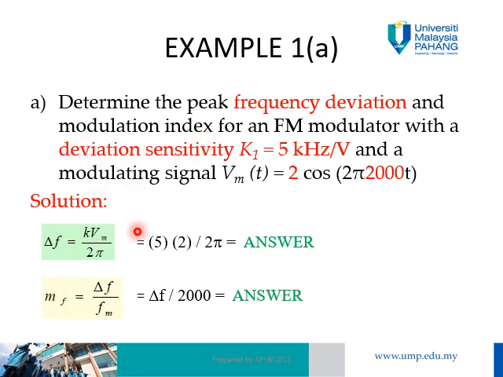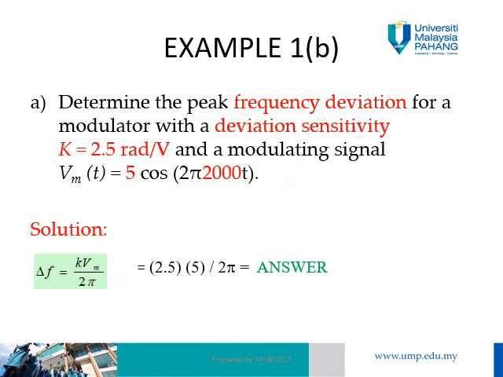The modulation index is mf equal to delta F over Fm. Delta F is given above in this question, divided by the modulating frequency, 2000. You divide by 2000 and you get the answer. Okay, next. Example 1b.